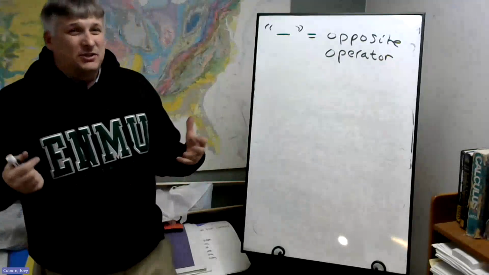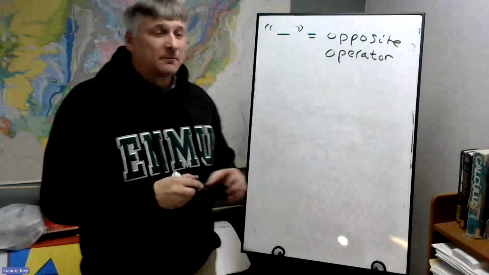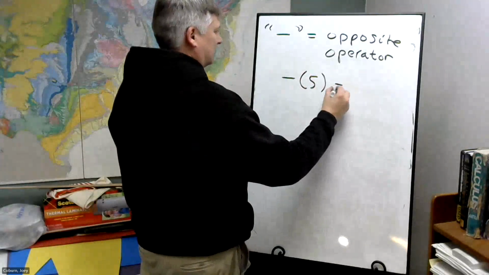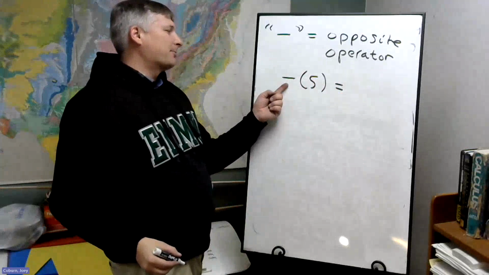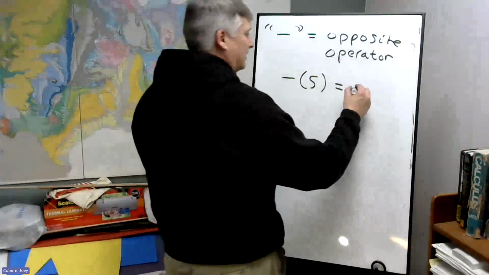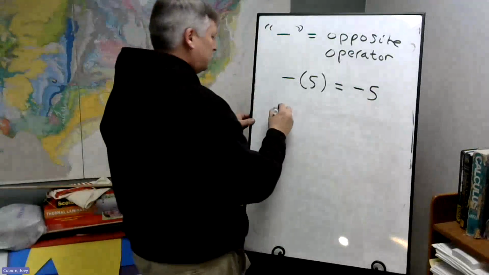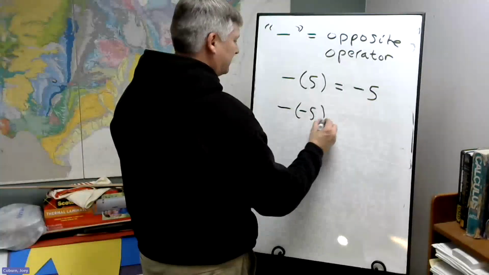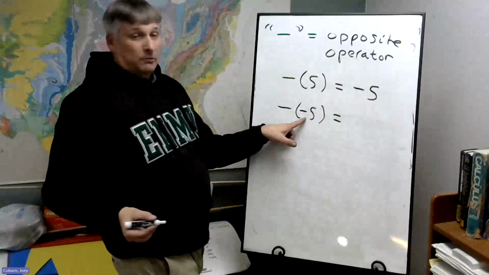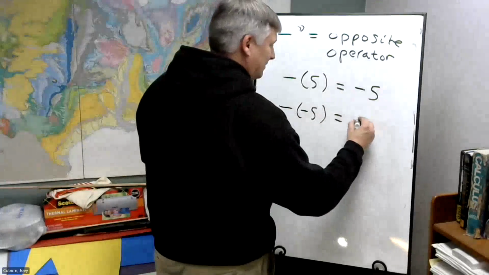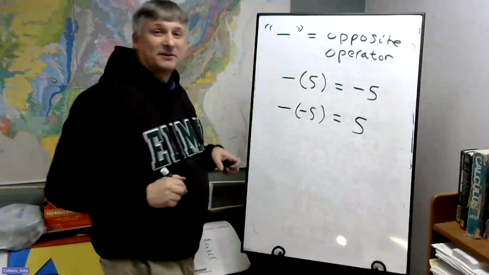And what it does, it just changes the sign of a number. So if you apply the opposite operator to a +5, that is now a -5. And if you apply the opposite operator to an already -5, double negative, you get a +5.